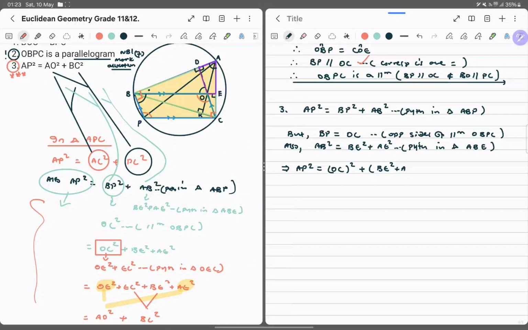BE squared plus AE squared. The brackets are just there to showcase that we are now substituting those two things into our main equation.